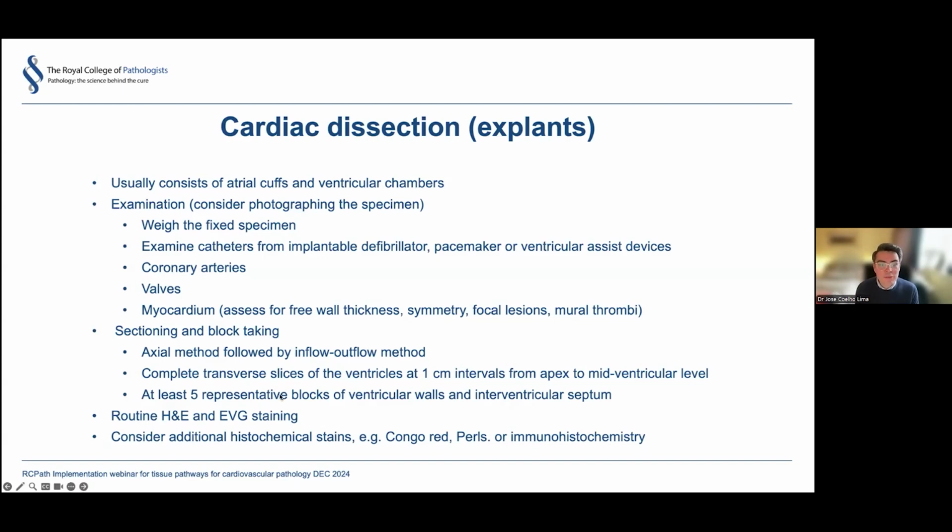And at least 5 representative blocks of ventricular walls and interventricular septum should be included, routinely stained with H&E and EVG, and consider additional immunohistochemical stains if needed.